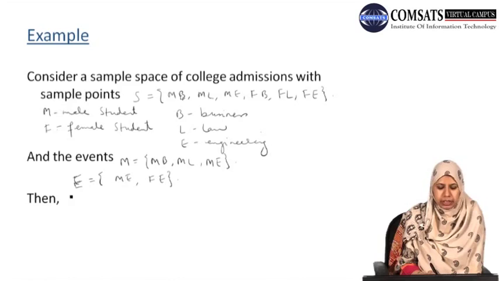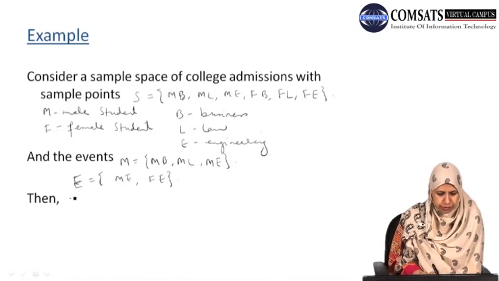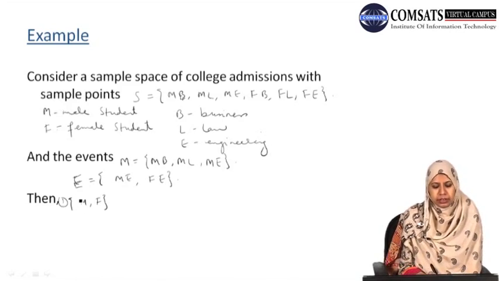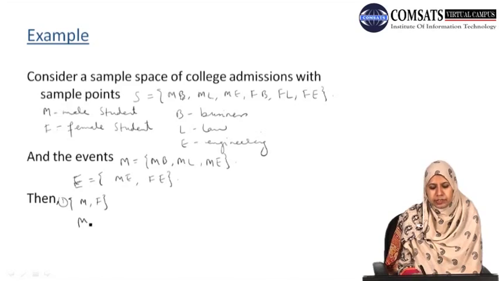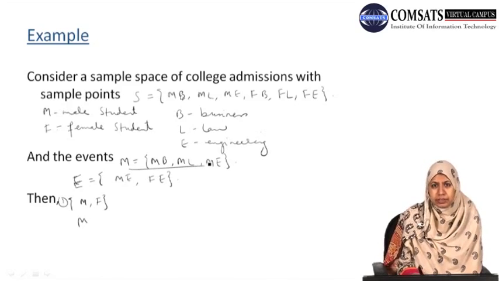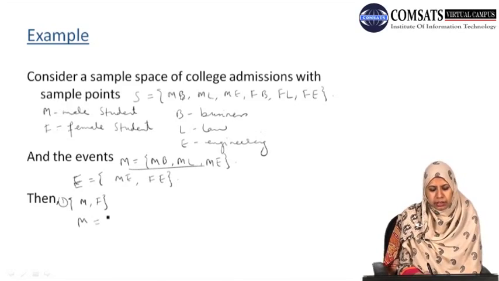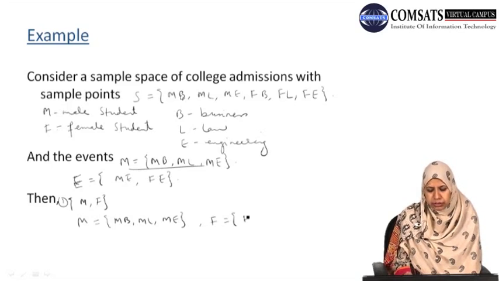Then we are given some events, that is the first event is given as M, F, where the event M contains these sample points and the event F contains the sample points, that is a female student studying business, female student studying law and female student studying engineering.